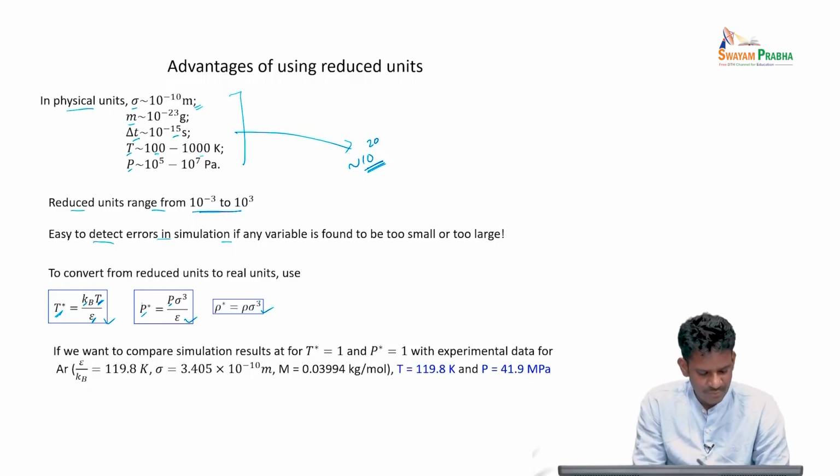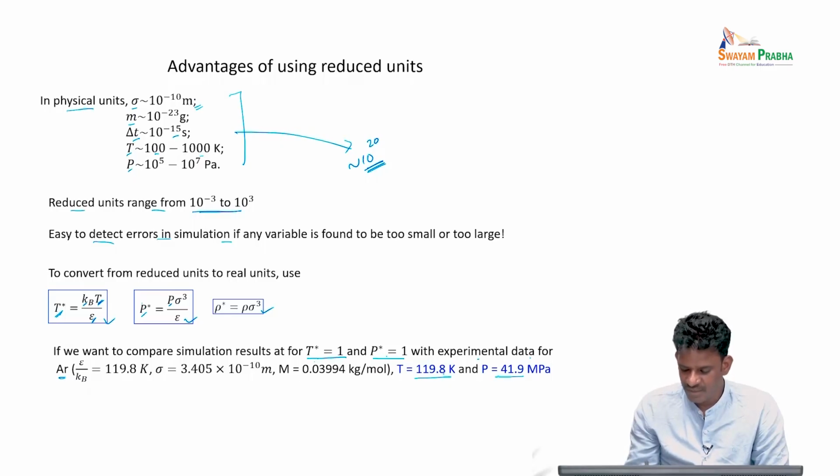So here is an example. Suppose you want to compare simulation results done for T star 1 and P star 1 with the experimental data for, let's say, argon. This reduced state for argon would mean a temperature of 119.8 Kelvin and a pressure of 41.9 megapascal.